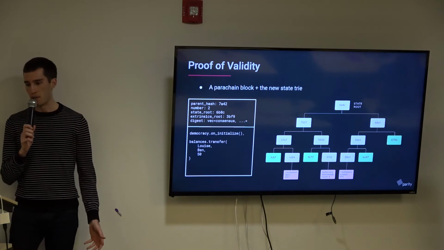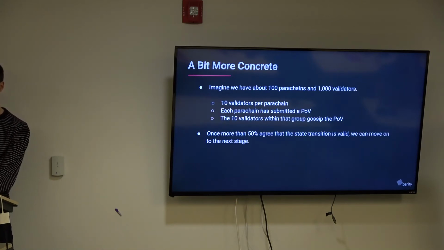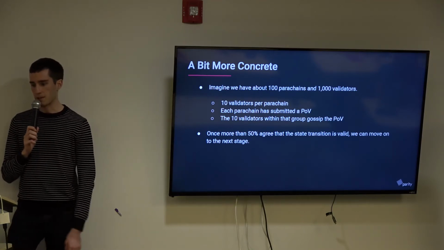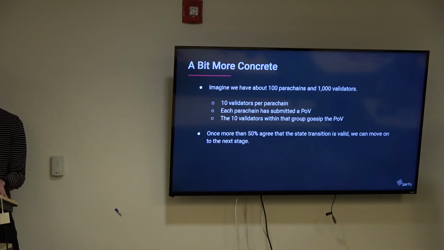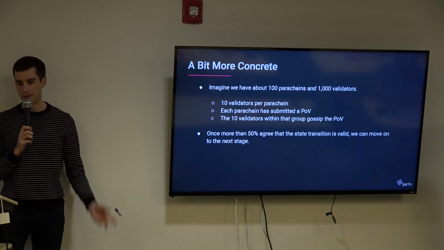So I'm just going to recap here because we've been focusing on a single parachain. Let's say we have 1,000 validators and 100 parachains. It's going to be 10 validators per parachain. Every parachain submitted this proof of validity, which is a pretty huge amount of information.